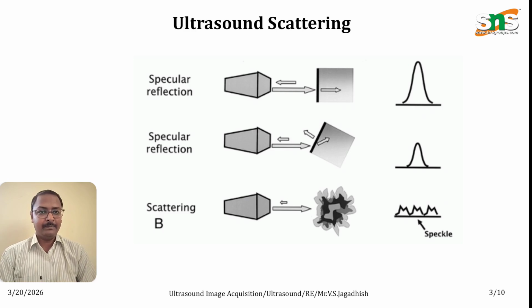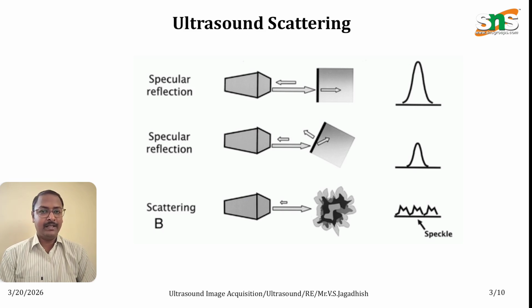And coming to the last case, scattering. If the transducer hits a cluster of small or irregular objects, then only a negligible amount of reflection or echo returns to the transducer. With that, we have an artifact or noise. We call that speckle in ultrasound terms.